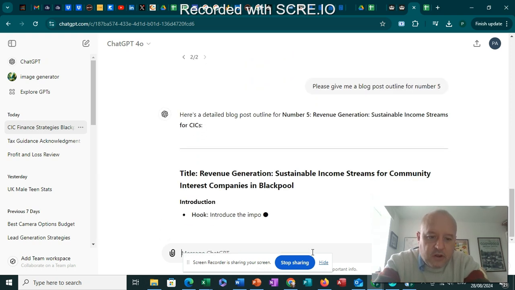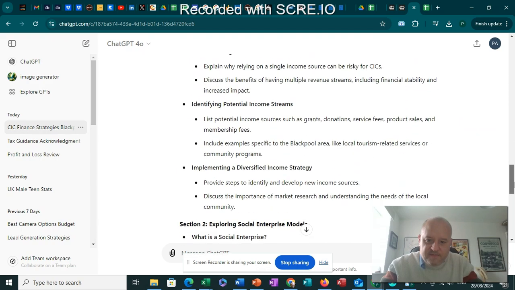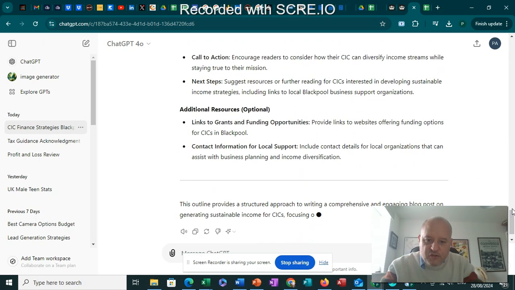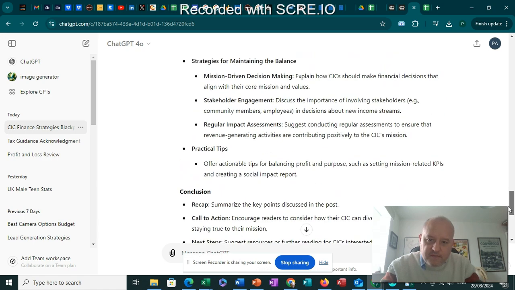Please give me the blog post outline for number 5. Title: Revenue Generation, Sustainable Income Streams for Community Interest Companies in Blackpool. There you are. I think it writes at about 3,500 words a minute. So there's an outline for my blog post.